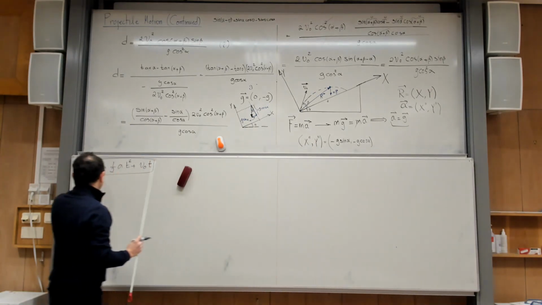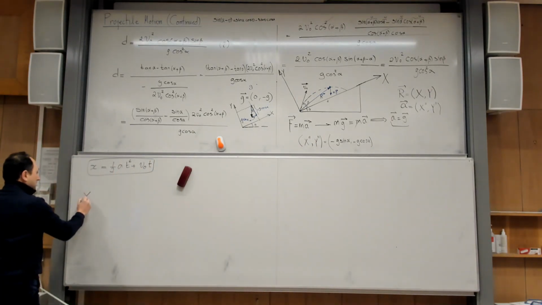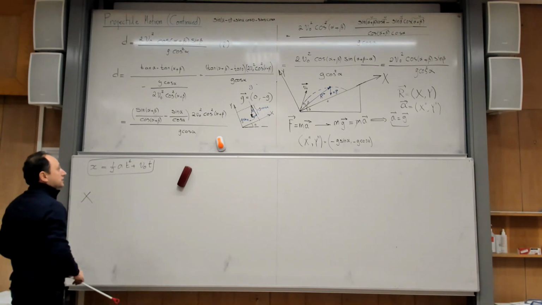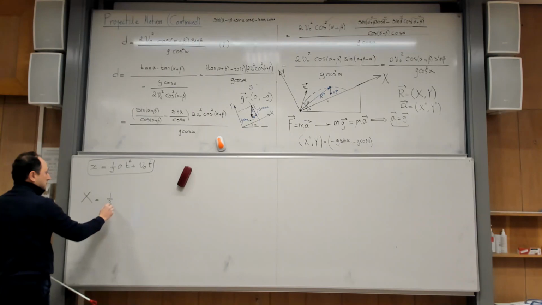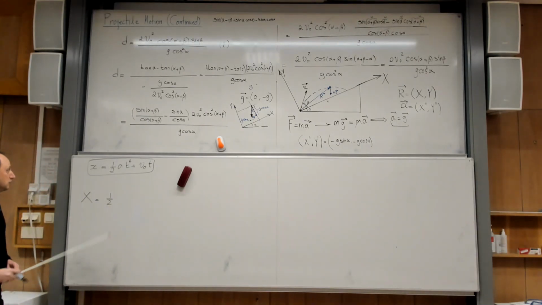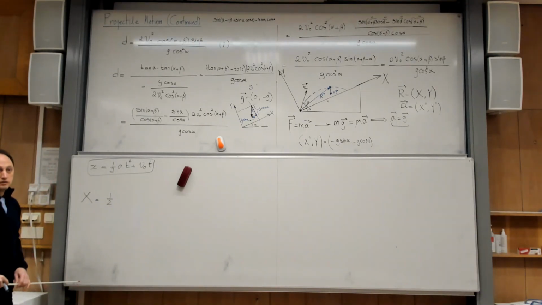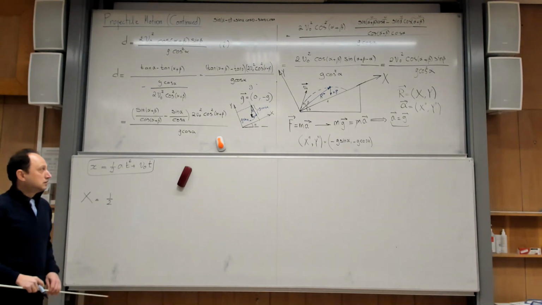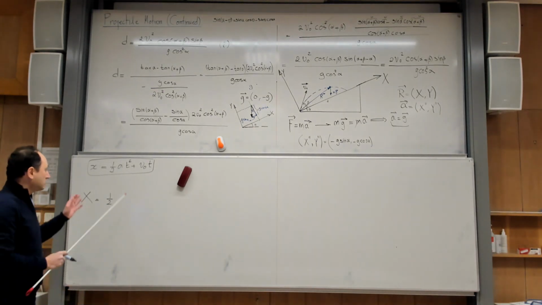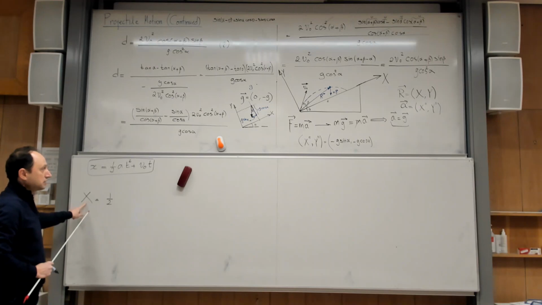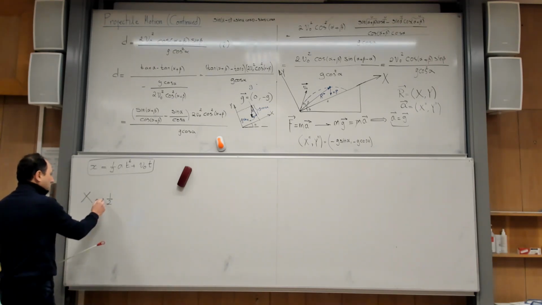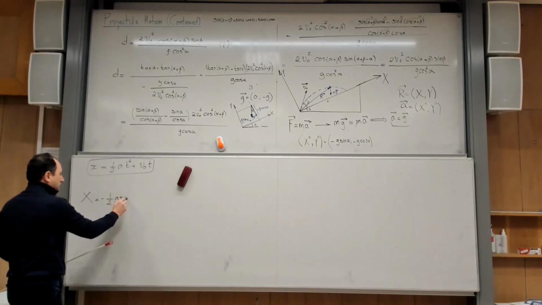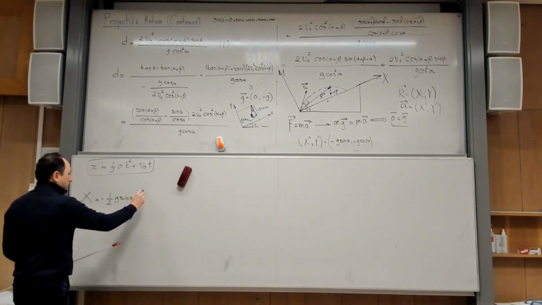So what can I write for capital X? Can you tell me, by looking at the board? Capital X is equal to 1/2, yes? And then what should I write instead of a here? The acceleration along capital X. It's minus g sine alpha. So I put a minus sign here, g sine alpha, and then t squared.